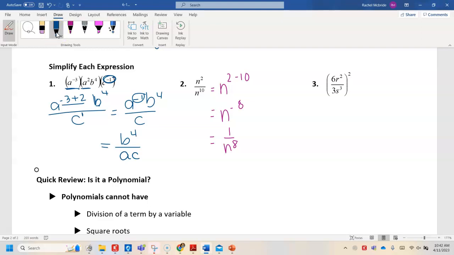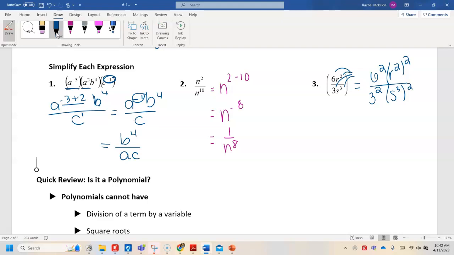And then in number 3, we have a whole lot of stuff happening. We have an outside power. That 2 is going to go to every term, both on top and bottom. So with the variable, that creates a power to a power.